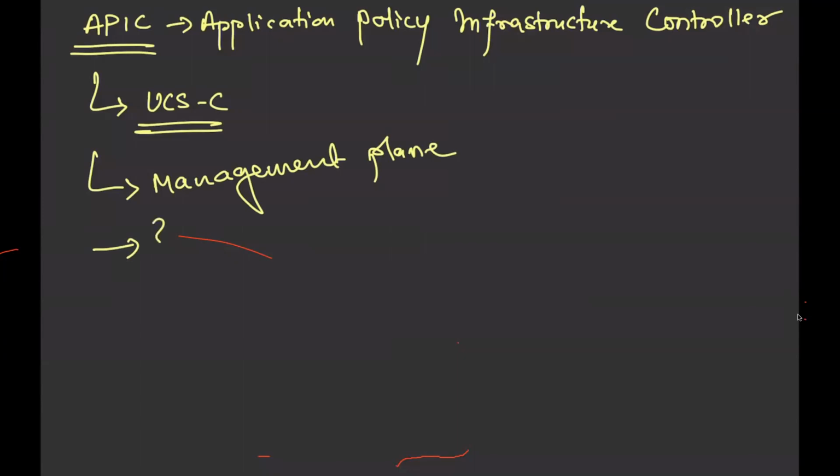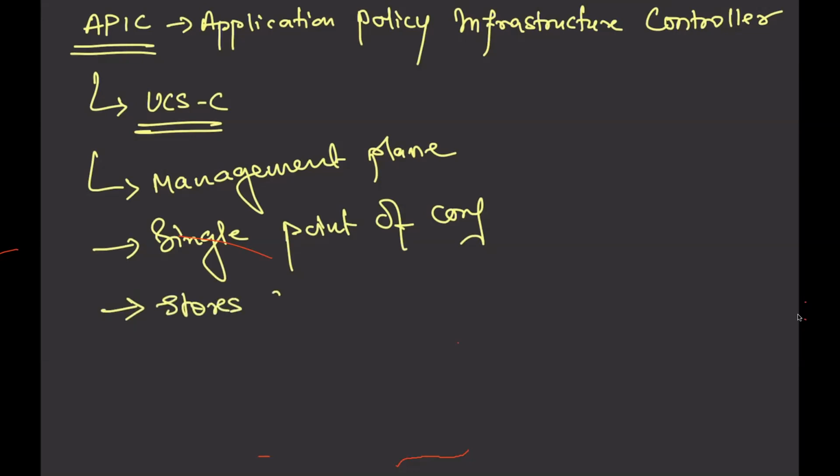Okay, then you will have a single point of configuration through the Epic, which you can do. Okay. Then health monitoring, you can check it through that. It's going to store all your configuration. Okay. So ACI related configuration means whatever configuration you are doing in the ACI fabric.